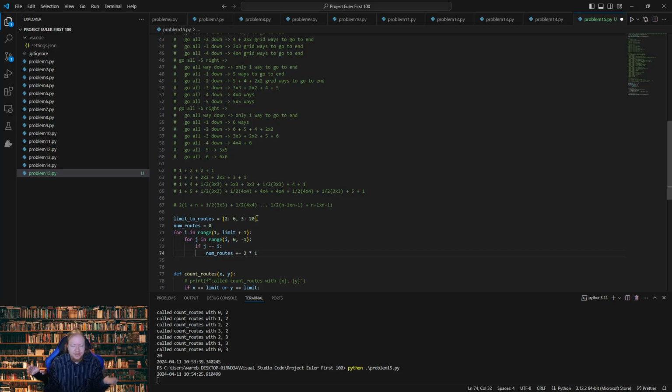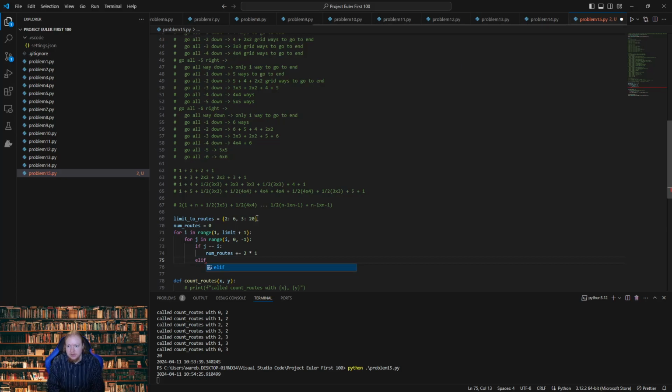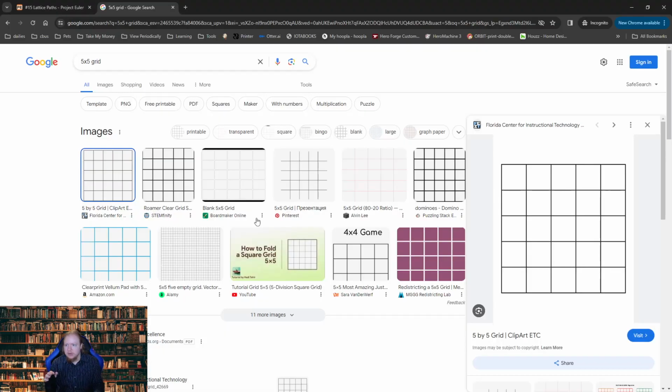Obviously, I could just write the number 2, but I think we want to be more clear. Okay. So otherwise j is going to be less than i, to represent this corner.